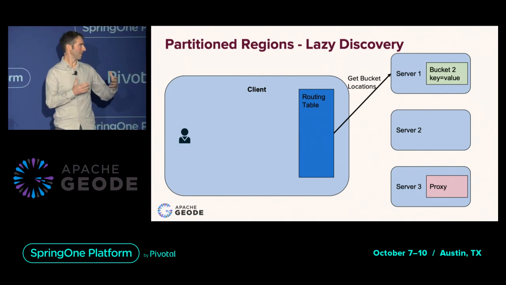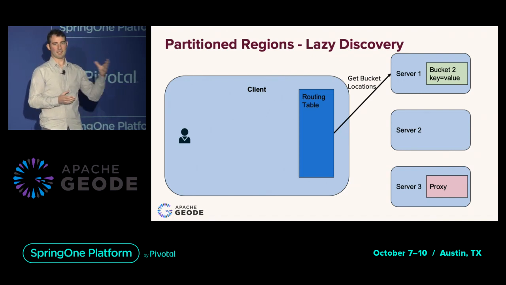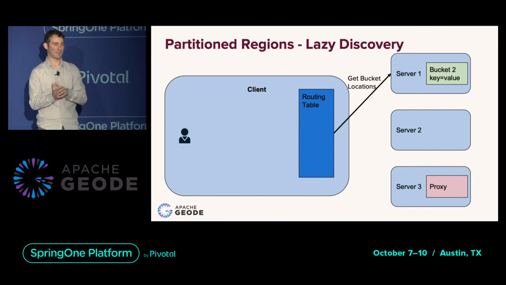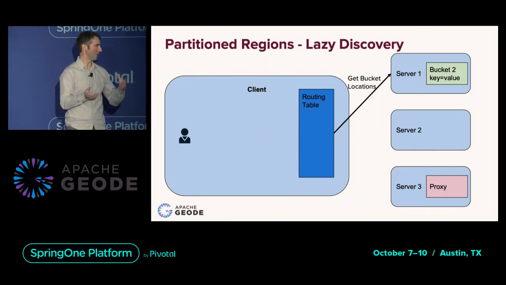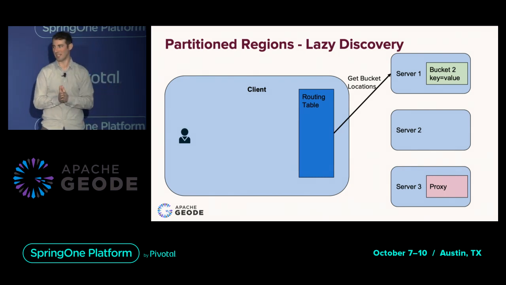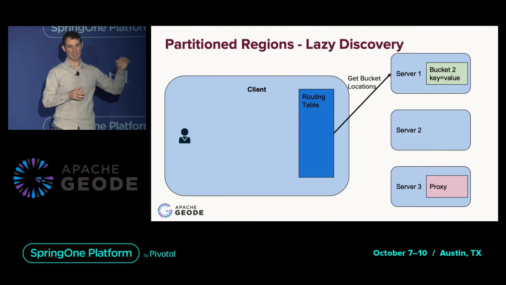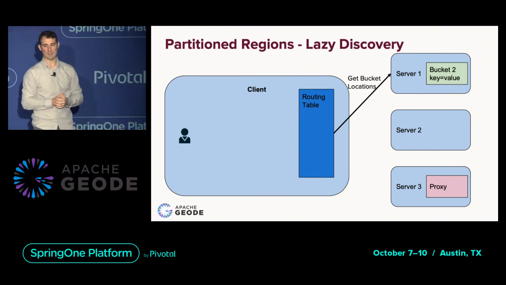And the reason why we have this lazy process on the client is that the location of buckets can be changing all the time. If you do a rebalance, the buckets can move. If you have a server fail and have it start another one up, the bucket locations may be changing. And so we always have this ability for the client to be sending stuff to the wrong places and then lazily discover, oh, there's new bucket metadata that I need to download and update my routing table.